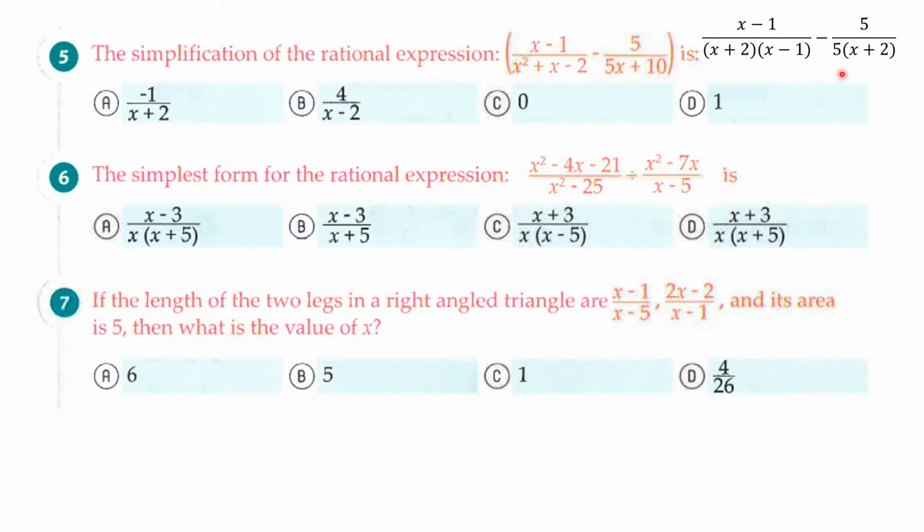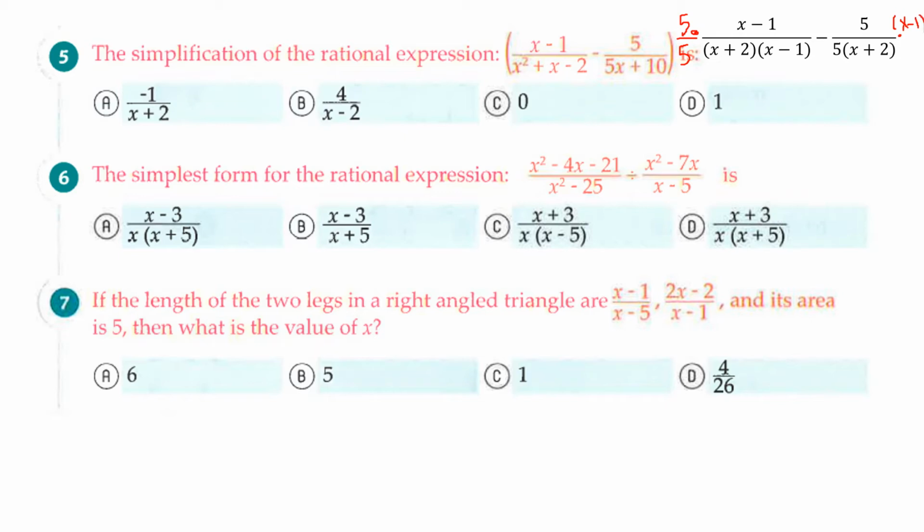Now take a look, how can I make the denominators equal? Here, this part is missing a 5 because the other denominator has a 5, so I'm going to multiply by 5 over 5. And this part is missing x minus 1 because the other denominator has x minus 1.